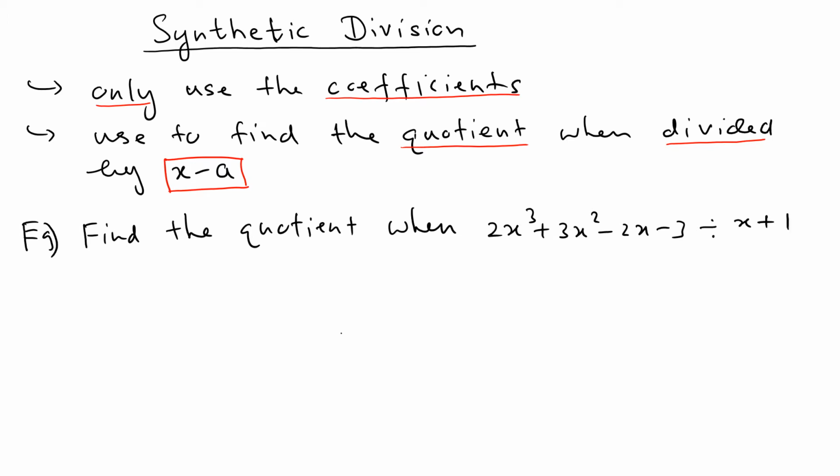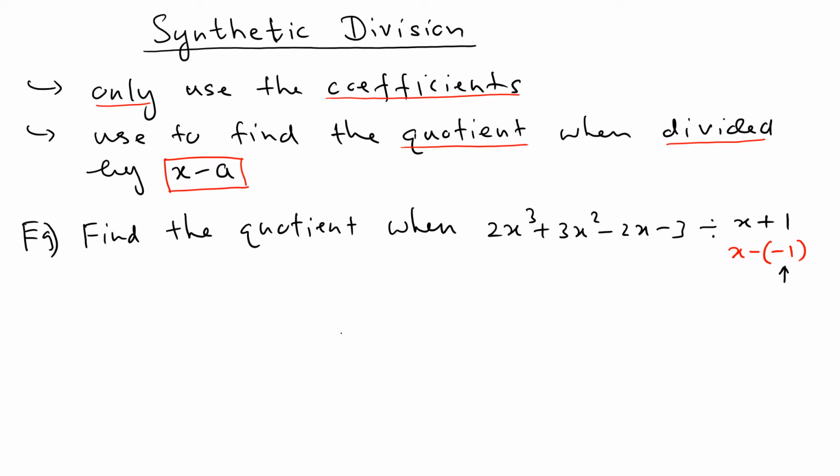So if you get something like that, you first want to rewrite this in this form. We can write this one as x minus negative 1, because we are looking for a value of the form x minus something. So if you have x plus 1, you can put two minus signs and write it like that.